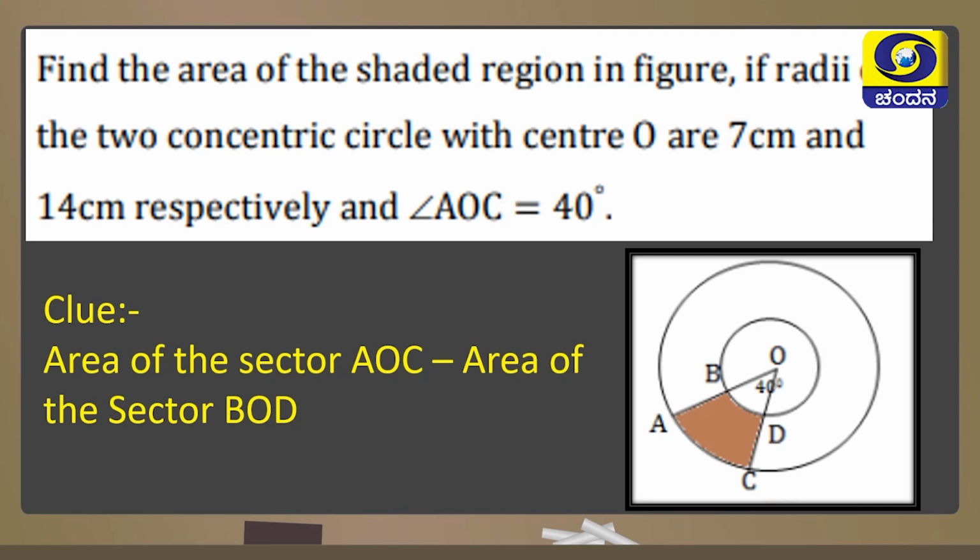In the same way, if you substitute the angle theta 40 degree and radius as 14 centimeter in the formula to find the area of sector, you will get the area of AOC. Now subtract the area of sector BOD from the area of the sector AOC, you will get the area of the shaded region. I think you all understand how to solve this one and you solve on your own, children.